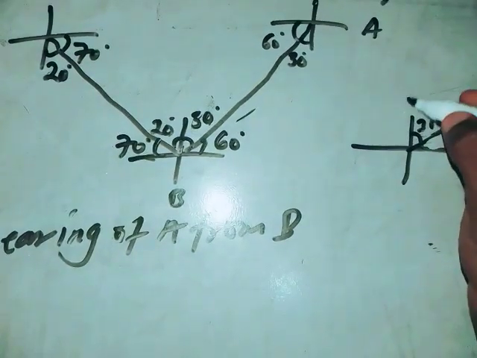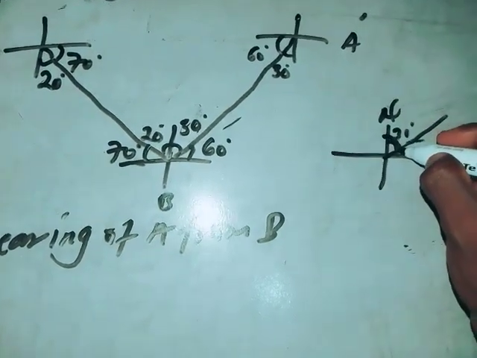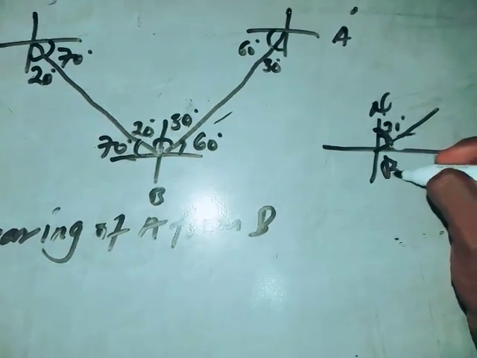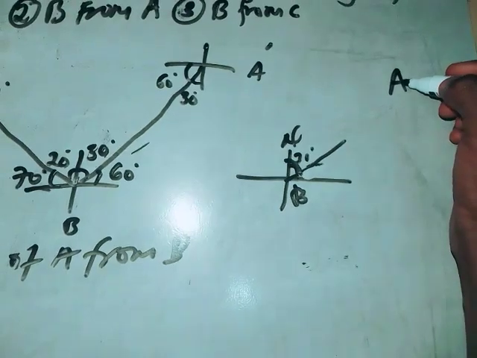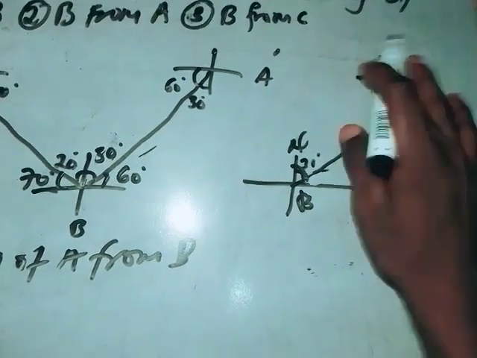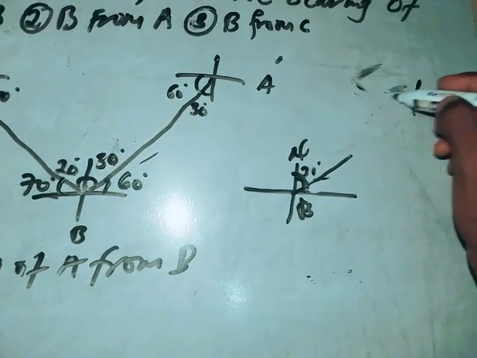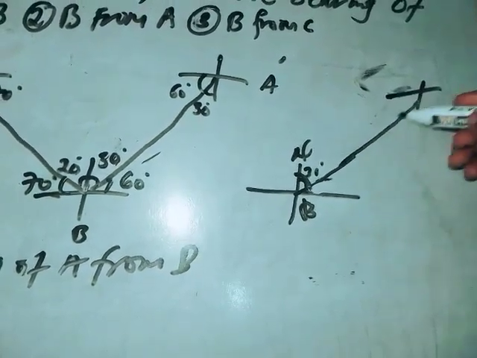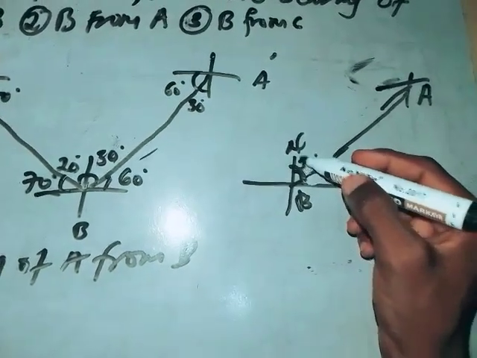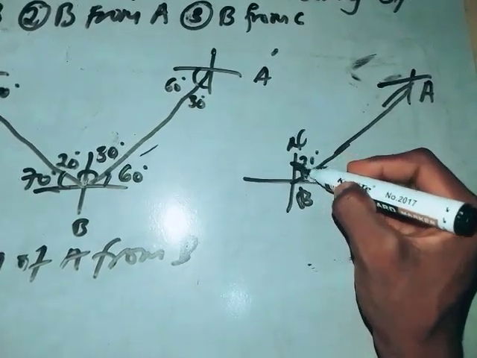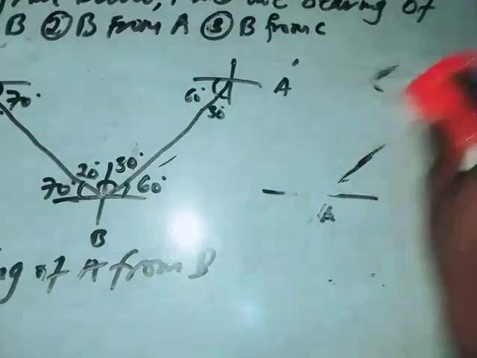So you are starting from this north pole, and you are going to draw a line and stop where the line is joining from B to A. Remember, this is your point A. So assume I draw something like this. The line is drawn here and stops here. So this is A and this is B. So if you are starting from this north pole and draw a line, you are going to stop here where it is joining from B to A. So that is what will happen here.